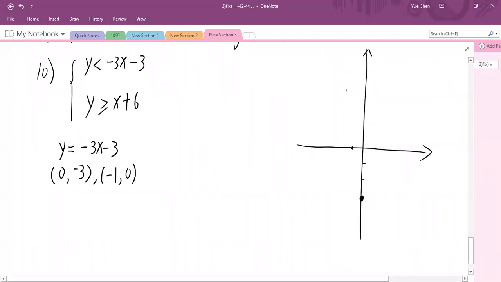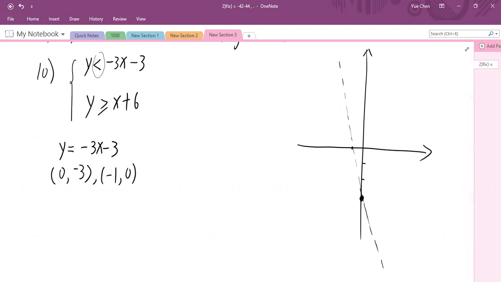So we connect these two points, but this is less than. There's no equal sign, right? So we use a dashed line. But which part?